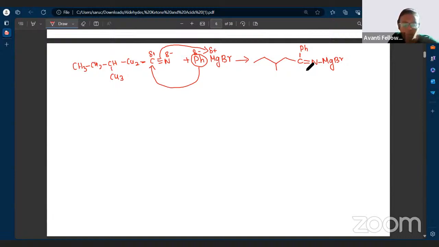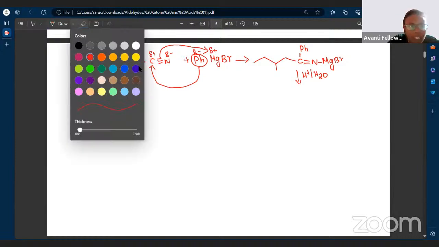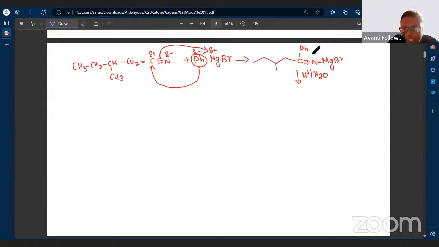Now you're going to do the hydrolysis. When you do the hydrolysis, the double bond will break, and with H2O you'll be getting the C=O with Ph; this will be the product.